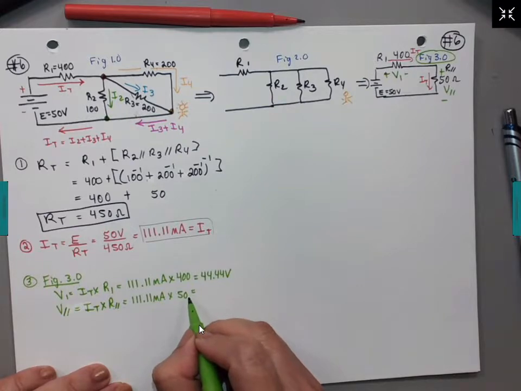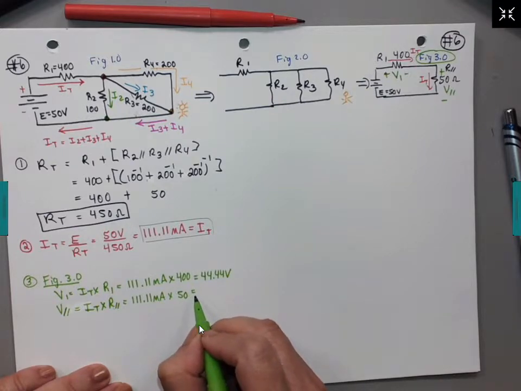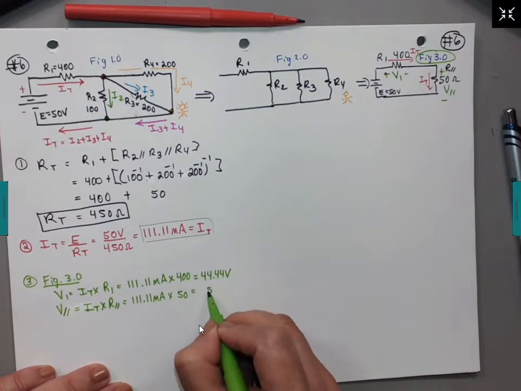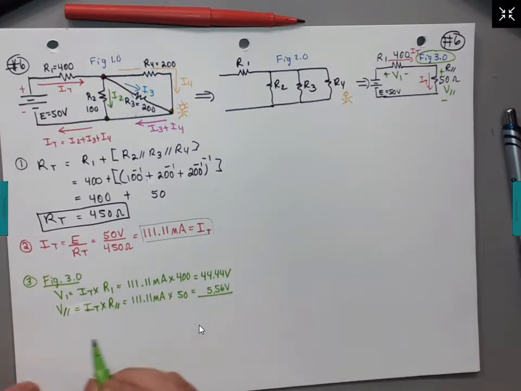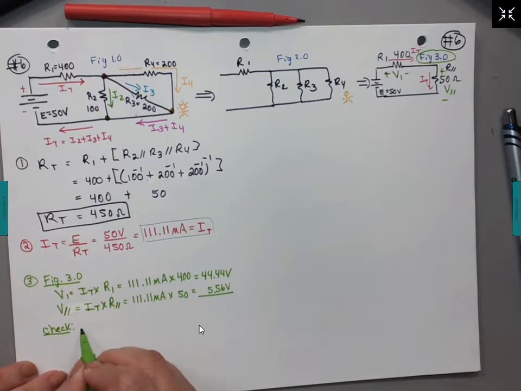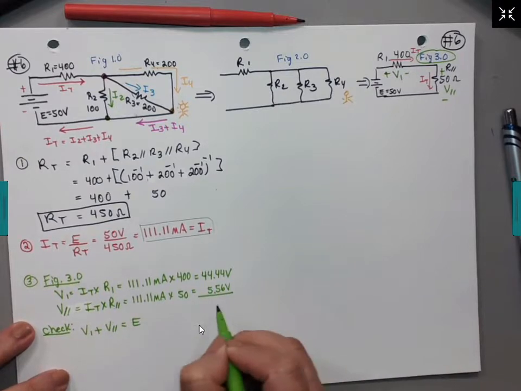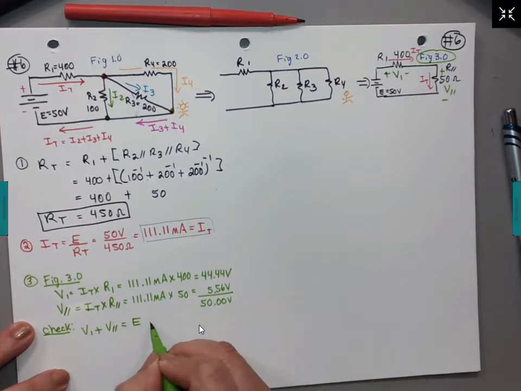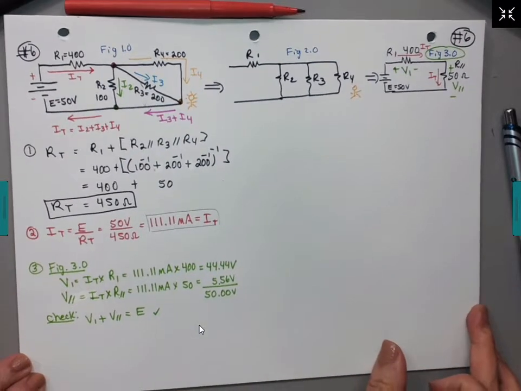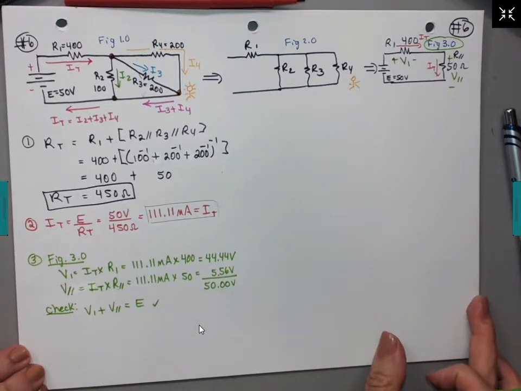This is 50. 5.56 volts. And I check. Does V1 plus V parallel equal E? Guess what? It does. So as you go, it's going to be very important to check your answers.